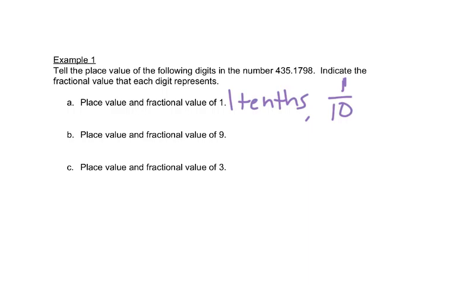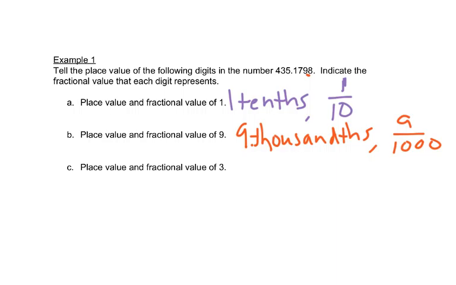The place value of the 9 is 3 spots after, so it goes tenths, hundredths, thousandths. So we'd say it's 9 thousandths. We would write that as 9 over 1,000, 9 thousandths.